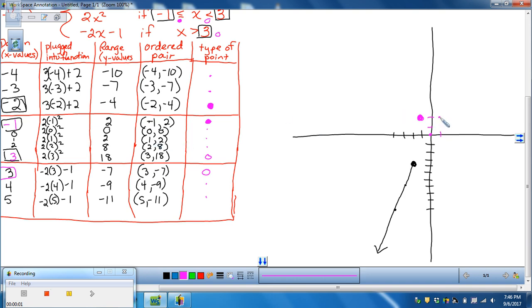Now this is a quadratic, so you know that it's going to be curved like a U shape. The next one is 2, 8. So this is not a V shape, it's a U shape. 1, 2, 3, 4, 5, 6, 7, 8. And then your last one would be up at 3, 18.